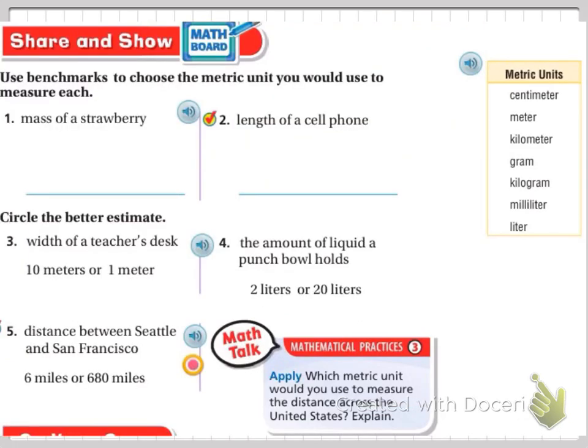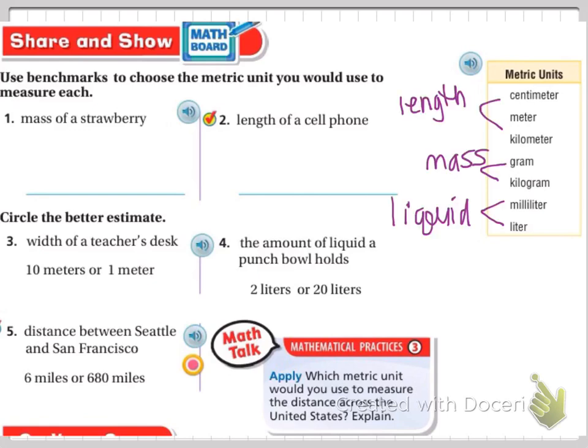All right, last 5 problems together. We are looking at the problems on page 643, and we're going to use benchmarks to decide how we would measure each of the following items. So just to remind you of our metric units over here, length ends in meters, mass ends in grams, and liquid is referring to liters.